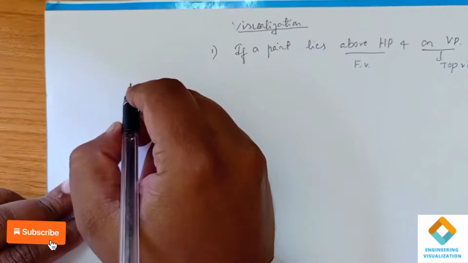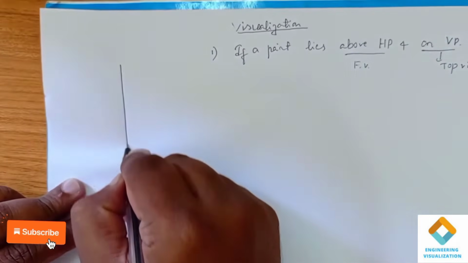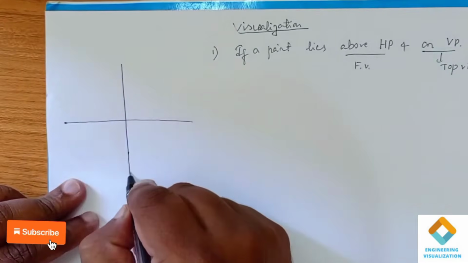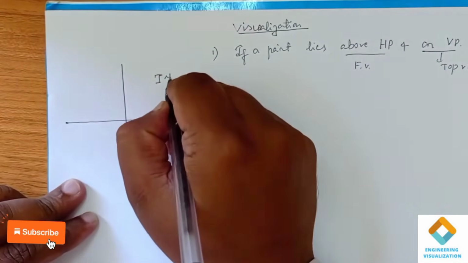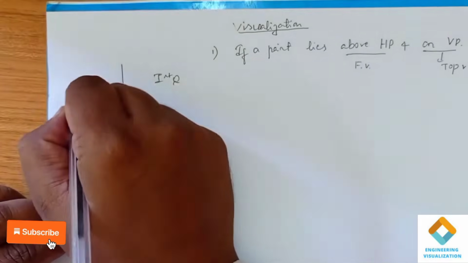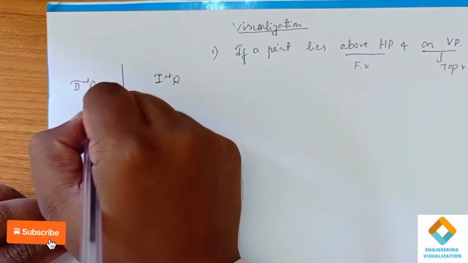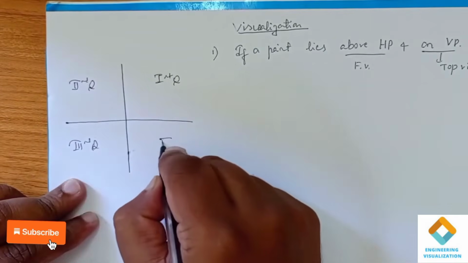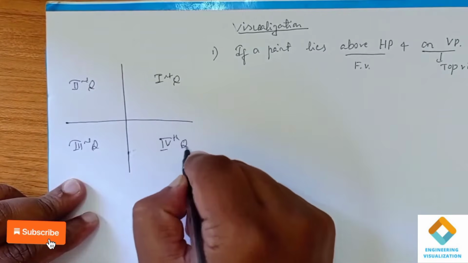We know that in the quadrant system there are 4 quadrants. This is our first quadrant, second quadrant, third quadrant, fourth quadrant.